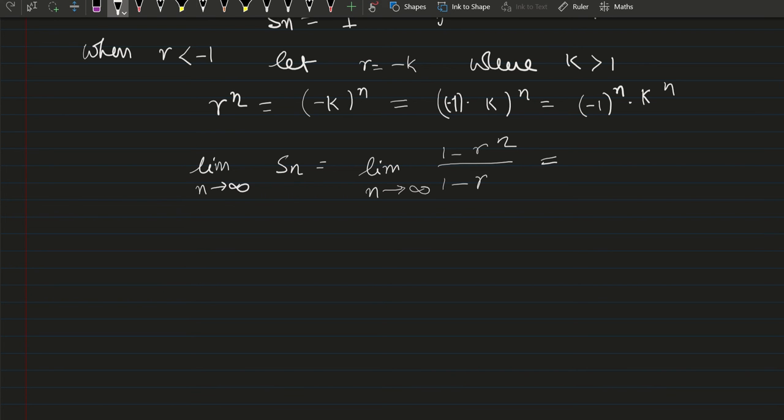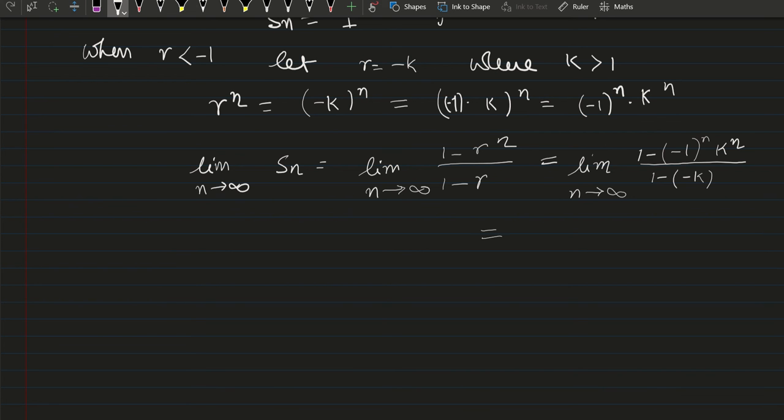If we put r equal to minus k, then it will become limit n tends to infinity of (1 minus (minus 1 to the power n) k to the power n) by (1 minus k).